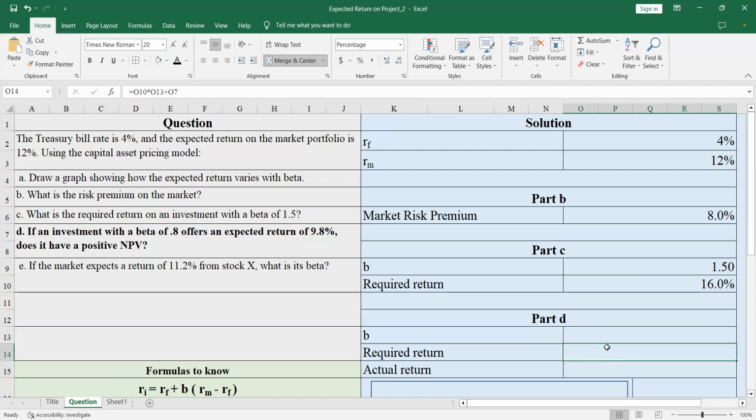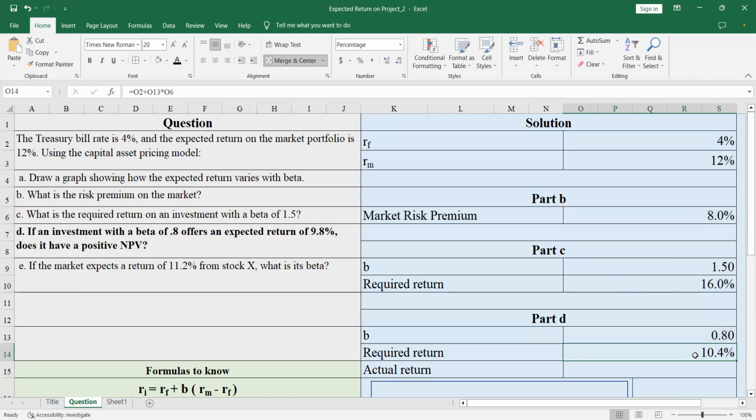Using CAPM, we can find the required return: the risk-free rate plus beta times the market risk premium.